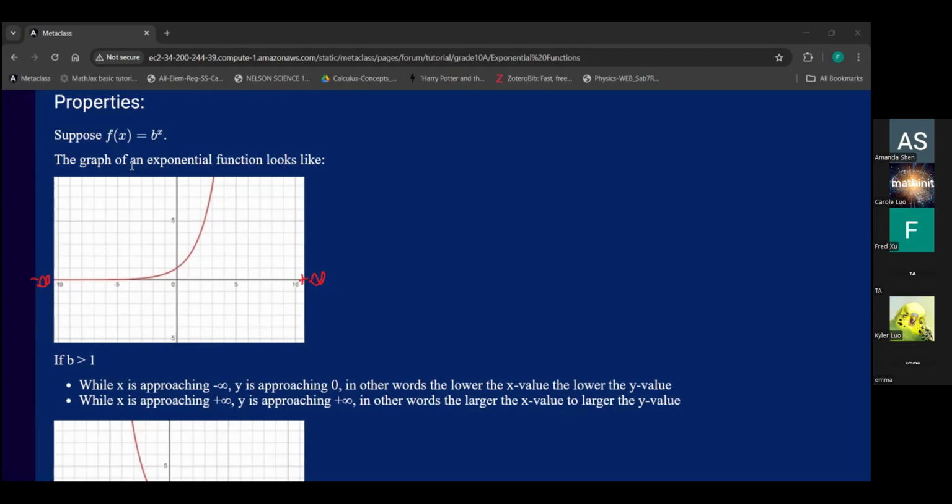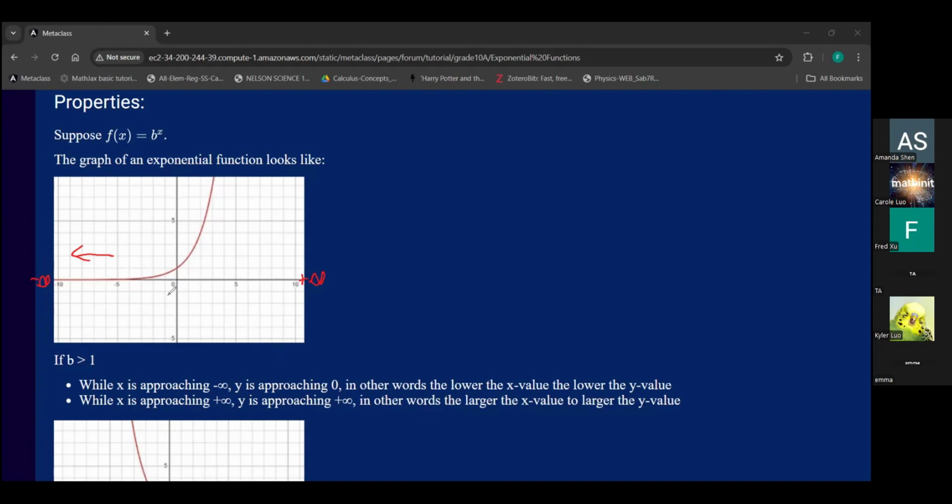When x is approaching -infinity, so going towards the left, it's becoming a smaller and smaller number, and y is approaching 0. Over here, it looks like the graph is on the x-axis, but it's actually not.